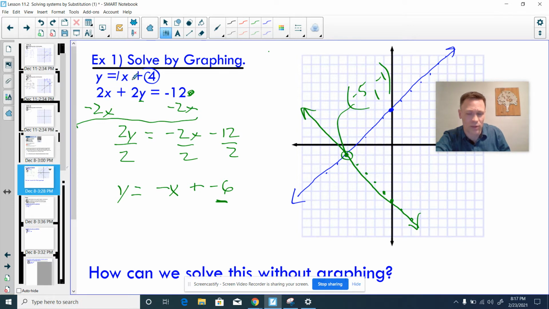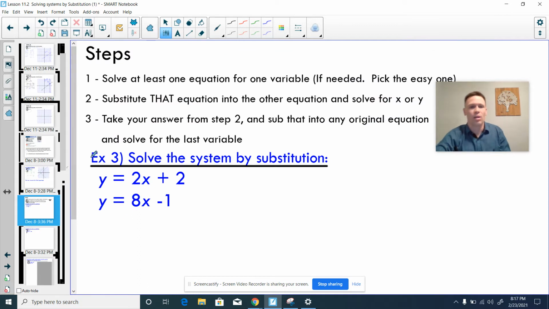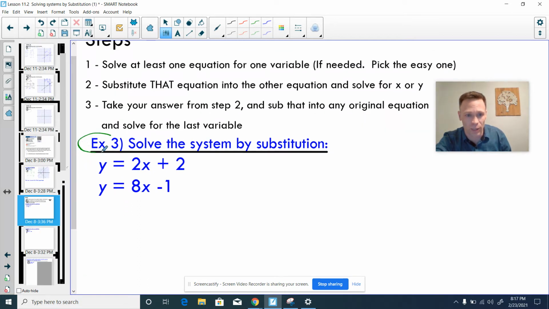Except for now, instead of x equals something, I have y equals something. So I can, and we will, substitute that something in for y into the other equation. It's going to be slightly more complicated than we did last time. So let's try that method out in example 3.